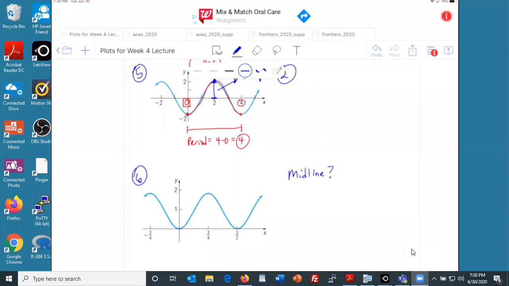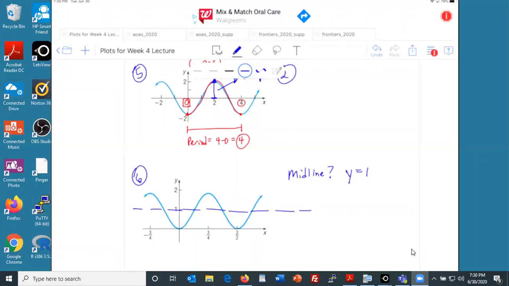This one is different from the other 5 because now I've shifted the midline up. So hopefully, you can kind of see, I could probably divide this thing through 1. All right, so that would be at y equals 1. Okay. Now just think of the midline as your new x-axis. Your x-axis has been shifted up 1.